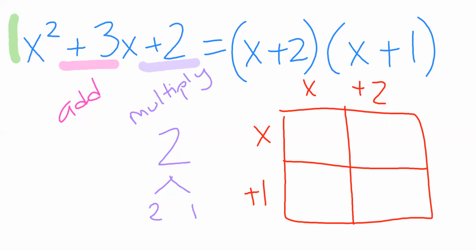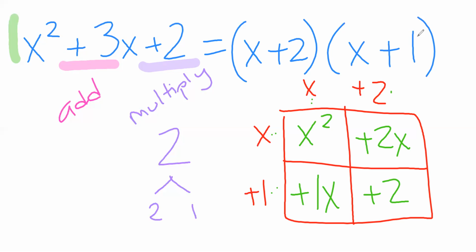So go ahead and fill in the inside. x times x gives us x squared. Then here we're going to do x times 2. That's just plus 2x. We're going to do x times 1. That's just 1x. And we're going to do 1 times 2. That's just 2.